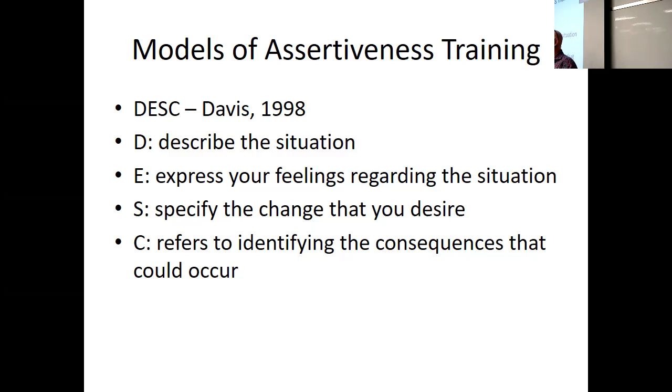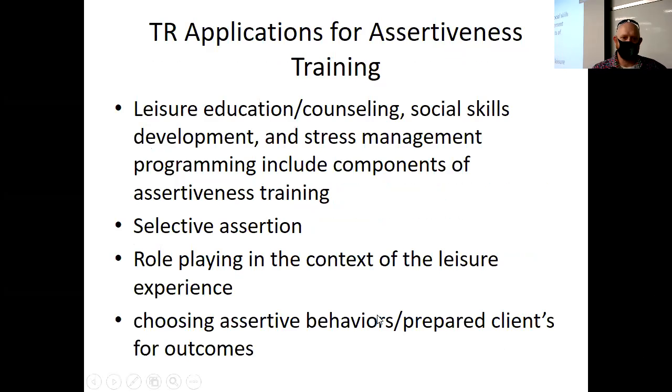The person you're being assertive with could become confrontational or aggressive, or it may be a very positive situation where you start to gain a lot more rights, and it becomes easier for you as you start seeing this work. So consequences can be good or bad, and you would talk about those.